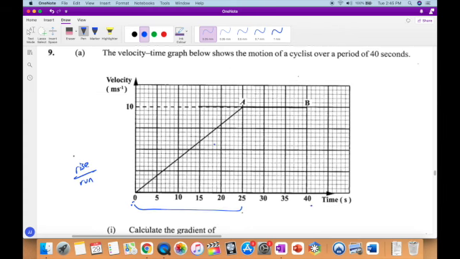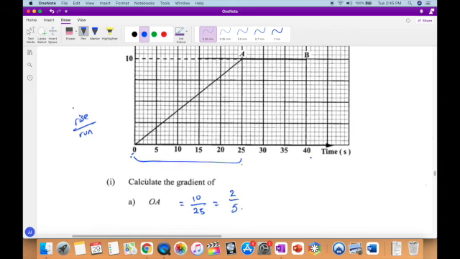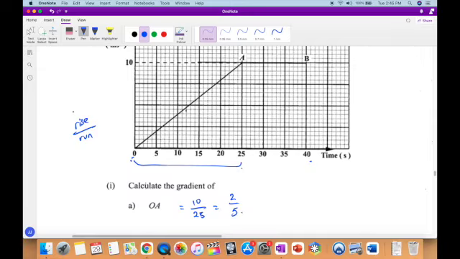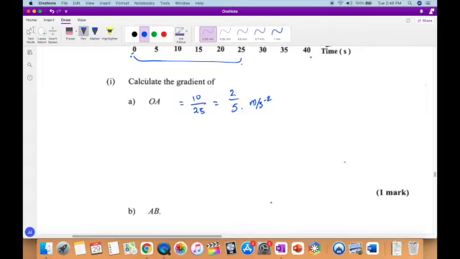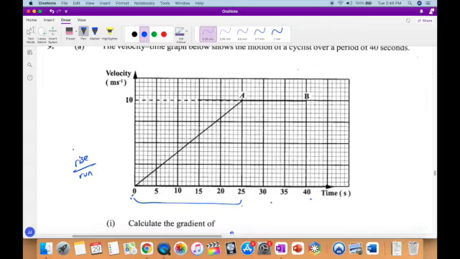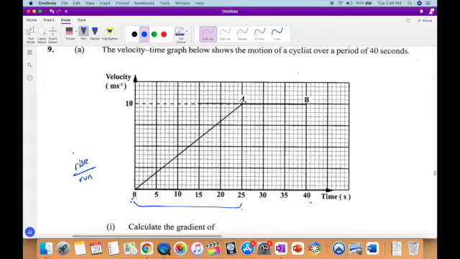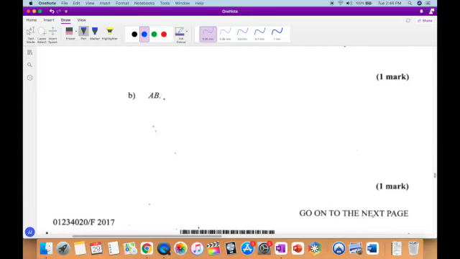And of course, remember that we are in a velocity time graph, so that gradient there is actually giving us the acceleration or the change of velocity. So that'll be meters per second squared, right? Now AB, as you can see, is a flat line, and that has a gradient of 0. So AB gradient is 0.